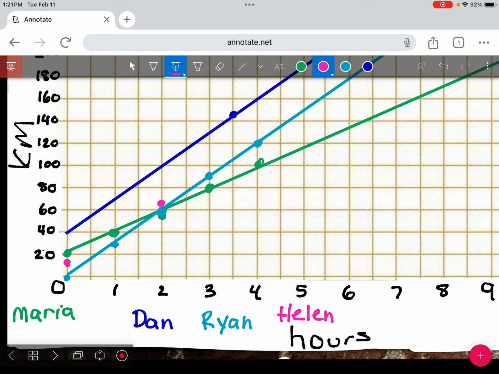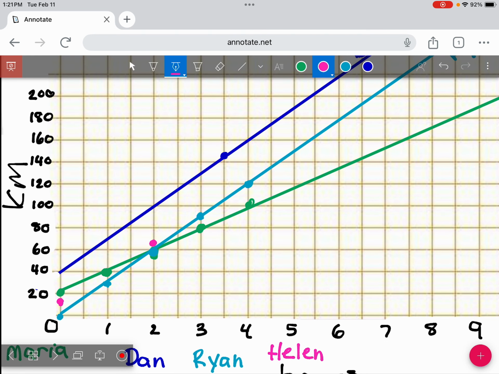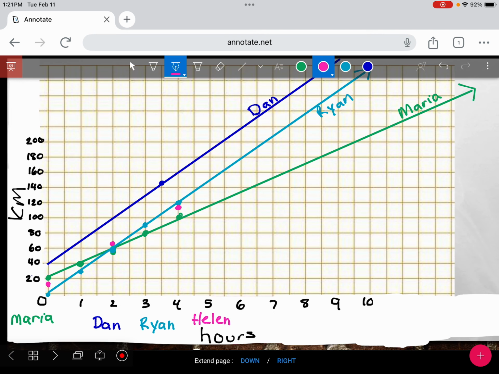So she started 15 away and is moving 50 kilometers in 2 hours. So at 2 hours, she's 50 kilometers further. At another 2 hours, she's another 50 further. So that would be just shy of 120. So somewhere over here. So she's kind of there. That's Helen.